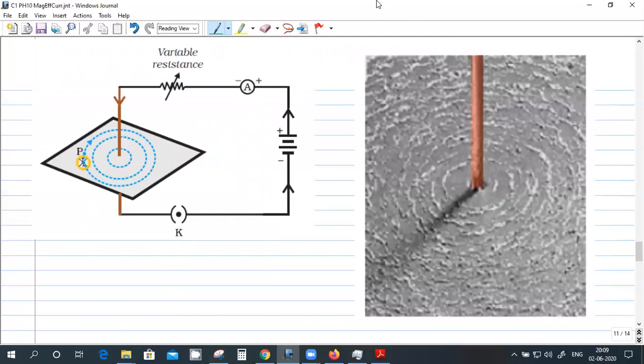So this is another thing. Same circuit. This is a cardboard. The wire is passing through it, through a hole made in the cardboard.